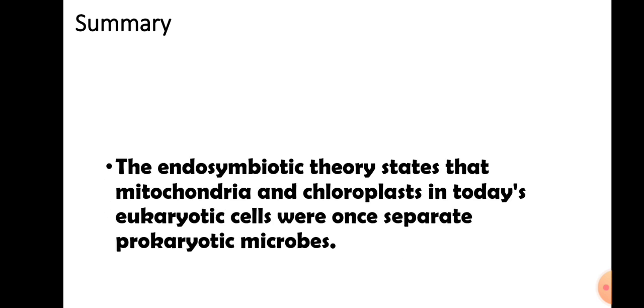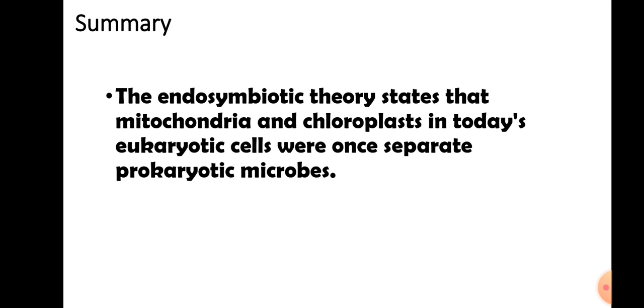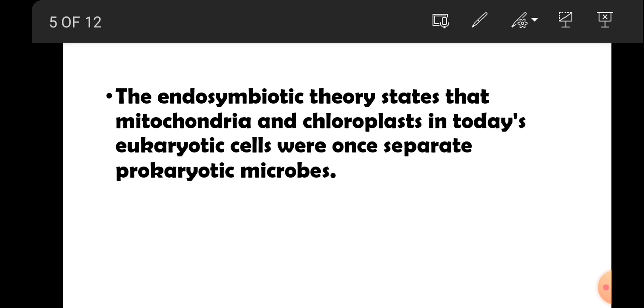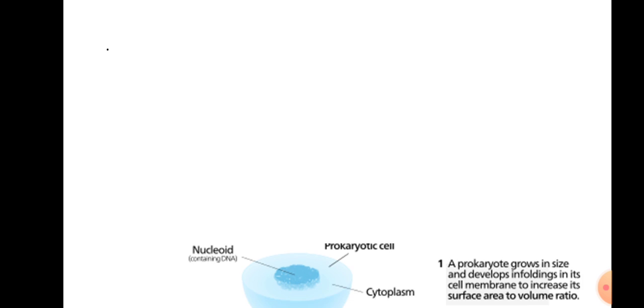As a summary, the endosymbiotic theory states that mitochondria and chloroplasts in eukaryotic cells were once separate prokaryotic microbes.